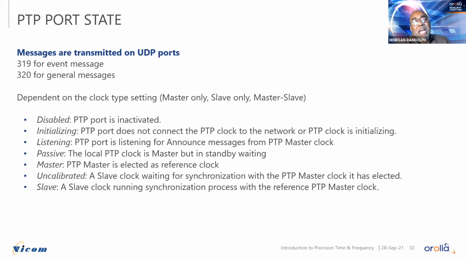In that instance, you might have multiple masters on the network, and that's why it's standing by and waiting in case the grandmaster demotes itself, and this one is ready to step in and become the grandmaster. Then you've got master, where the PTP master is elected as the reference clock. That election takes place and it says, you're the grandmaster, you're the one. But you have one standing by passively, waiting just in case something happens.